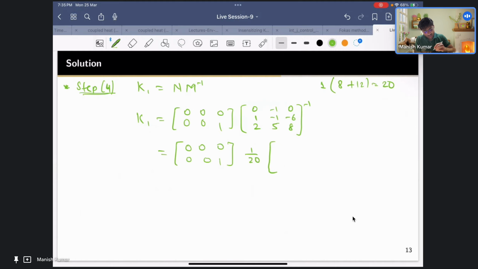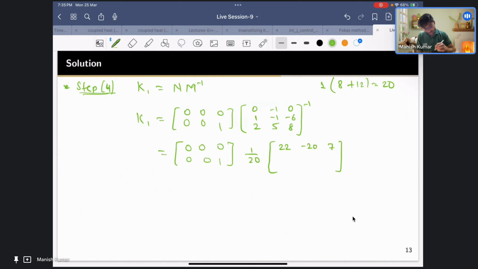Then compute the adjoints: minus 8 plus 30, which is 22. Over here you get 8 minus 12, which is minus 20, and then 5 plus 2 is 7, so you'll get 7.